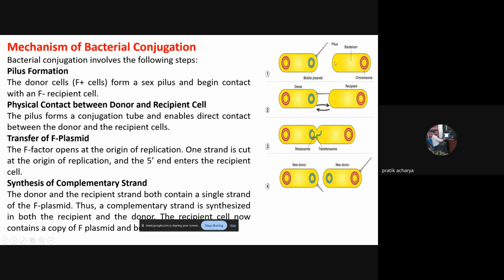genetic material. So when there is physical contact in any manner, for example if they are staying in an aquatic medium and any movement of water brings them into contact, the sex pilus gets attached to the next bacteria. That means the sex pilus of the donor bacteria gets attached to the body of the recipient bacteria.